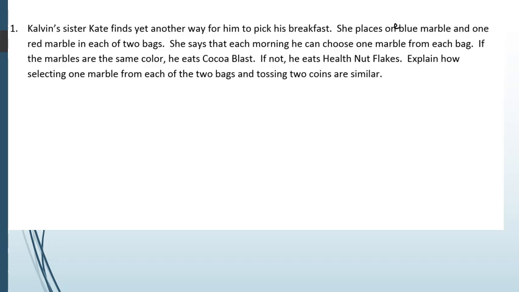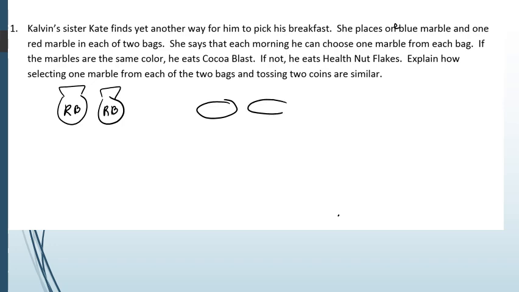So as we're thinking about this, it might help to draw even a little diagram. You're envisioning marbles inside of bags, so a red and a blue inside of each bag, and you're picturing 2 coins like we did in class today, where you can get heads or tails on each coin. So how are these similar?